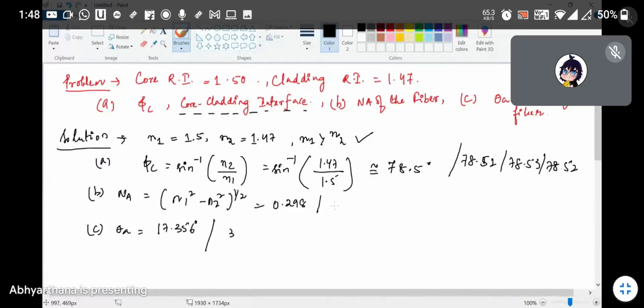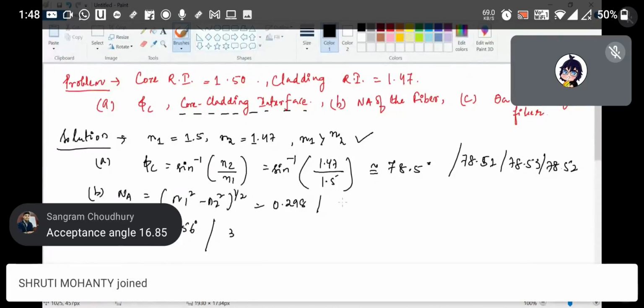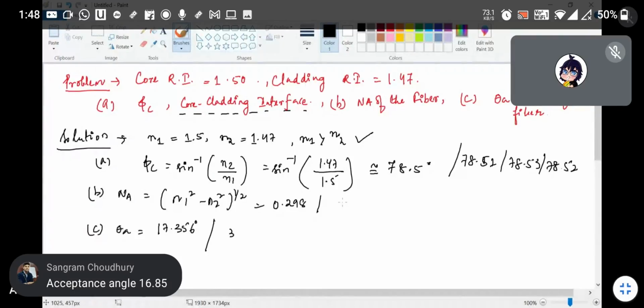See, the expression which we used earlier, it was n naught sine theta A, right?